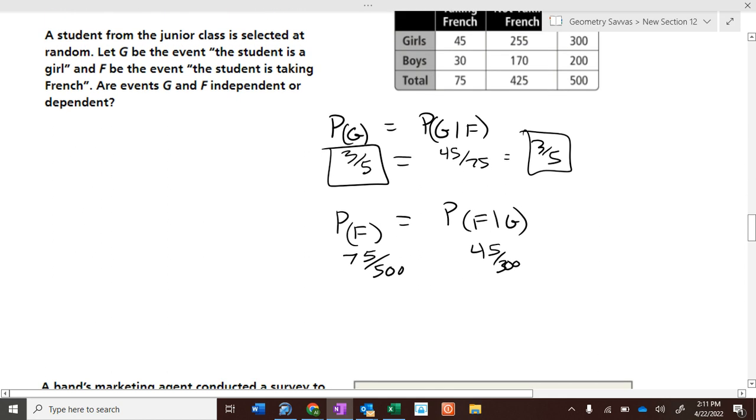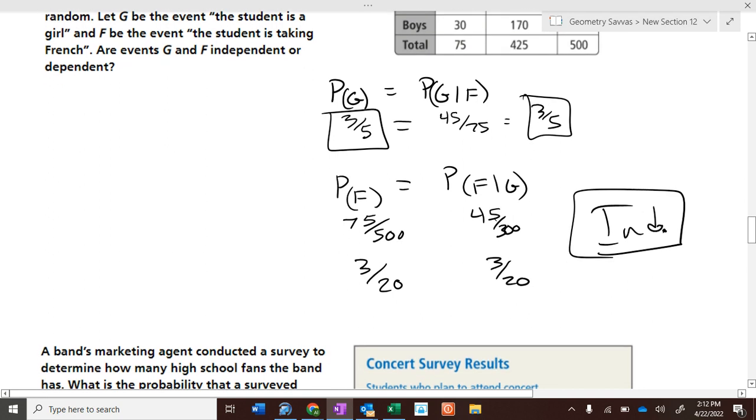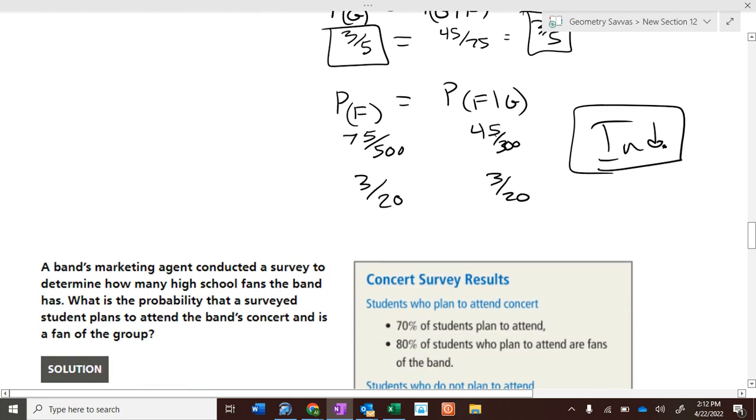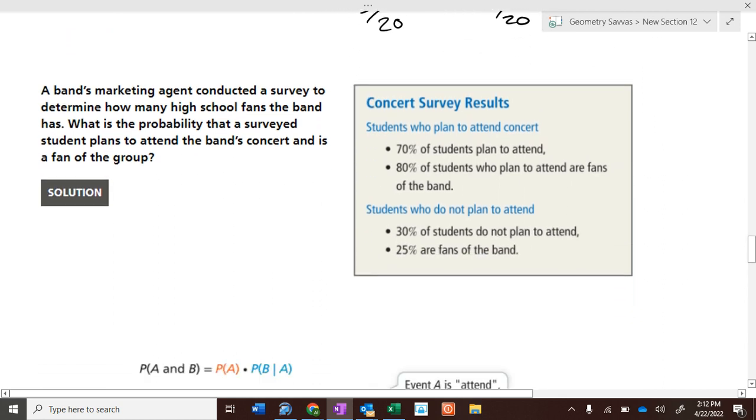Okay, so I know 25 goes into each of these 3 and 20 times, right? 15 goes into each of these 3 and 20 times. So they're independent of each other. Okay, G and F are independent events.